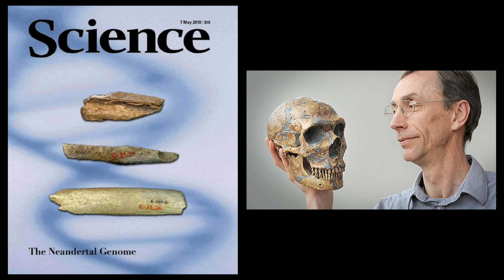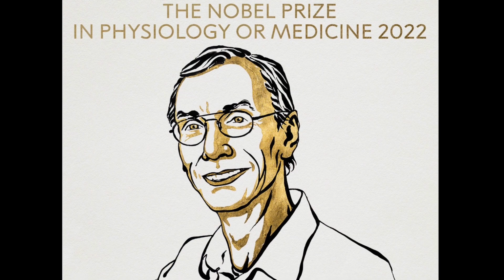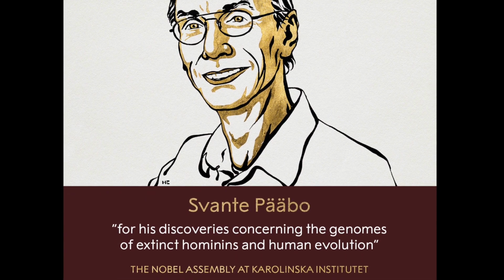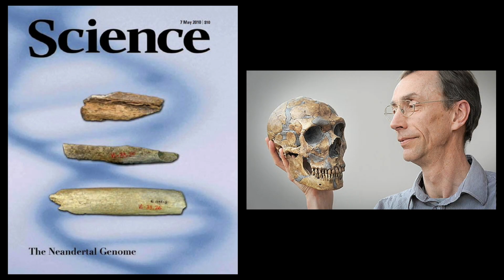And amazingly, what they did, and what you can see on screen here, are 3 fragments of Neanderthal bone from Croatia. And they were able to extract the ancient fossilized DNA of Neanderthals from this really quite unassuming, rather scruffy fossil material. And based on that, they were able to tell us the genetic makeup of Neanderthals. This really was the beginning of a revolution in our understanding of the Neanderthals.